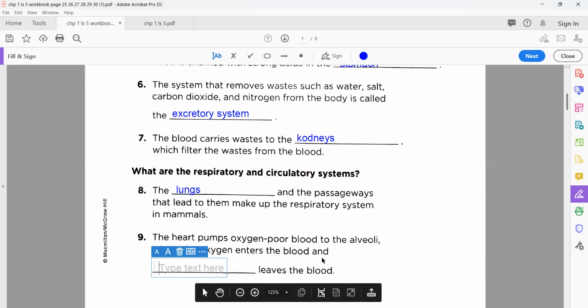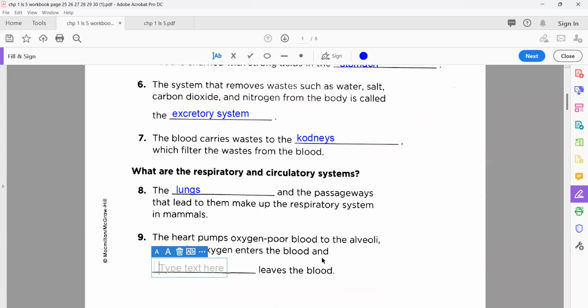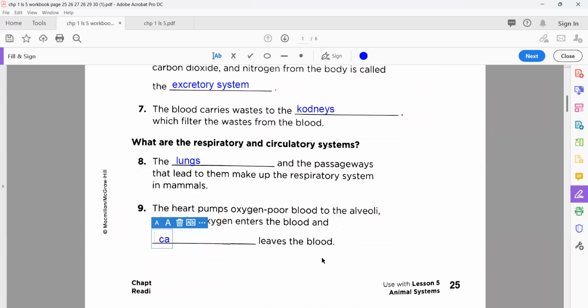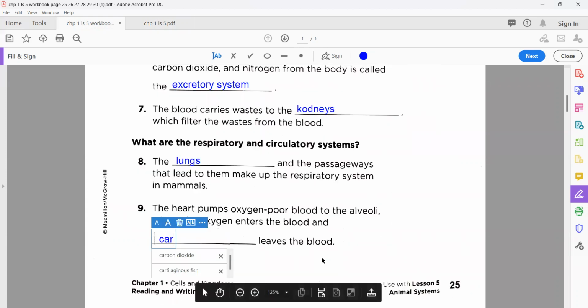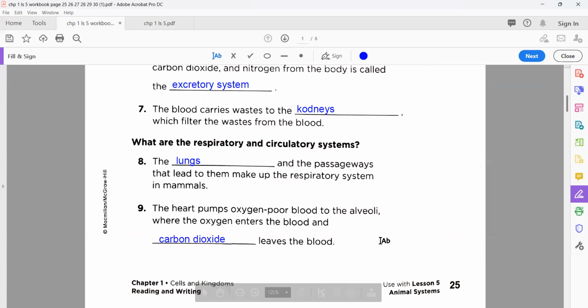You know it depends upon two gases: oxygen we need, and after that we leave carbon dioxide. Well done. Yes. So this is all on page 25.